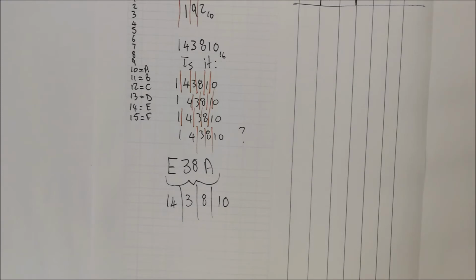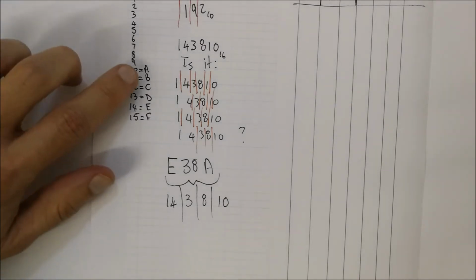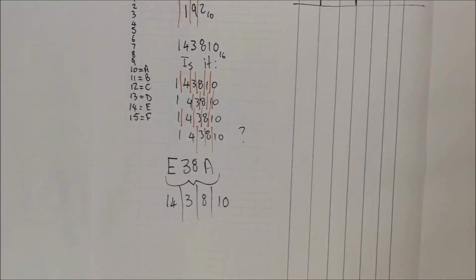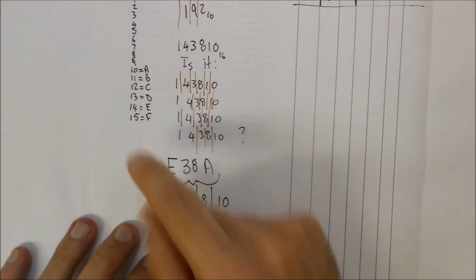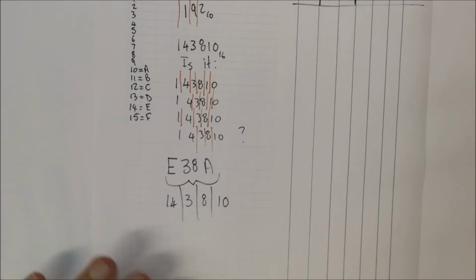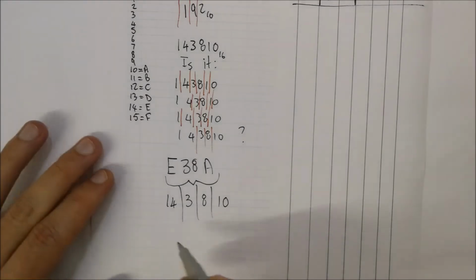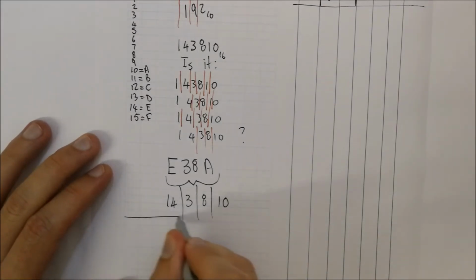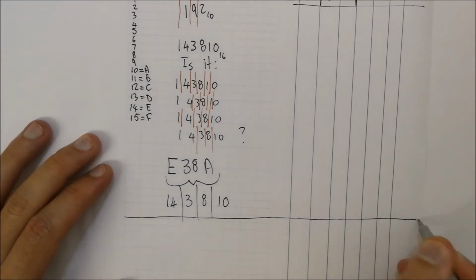Okay, so this is where it becomes a little bit different in terms of representation, because we've now got alphabetical letters that are going to be used, but those letters are just representing values from 10 to 15. Okay, so let's have a look how this would be applied. Again, we're going to be looking at our table.